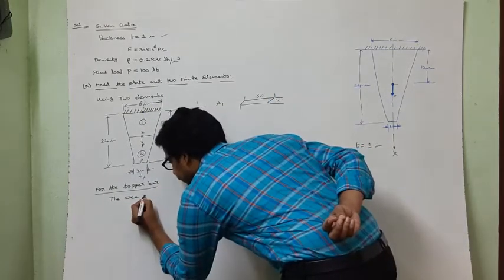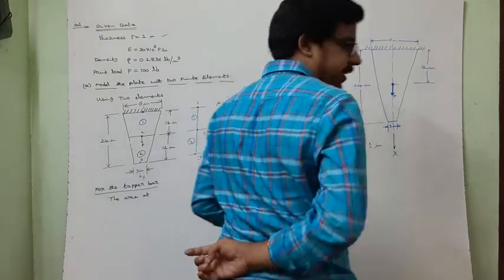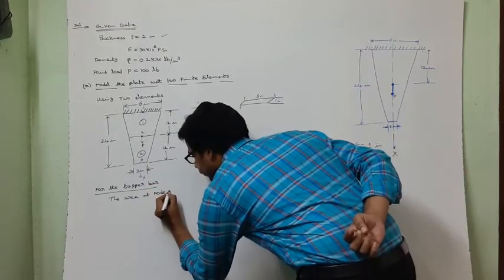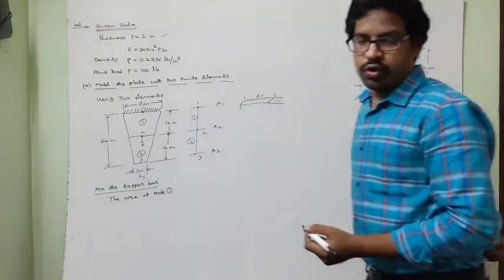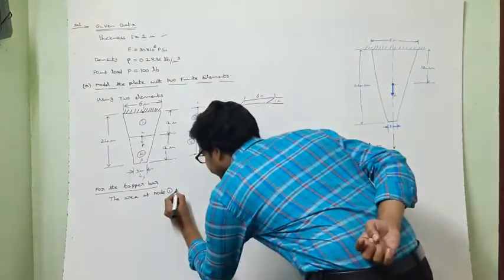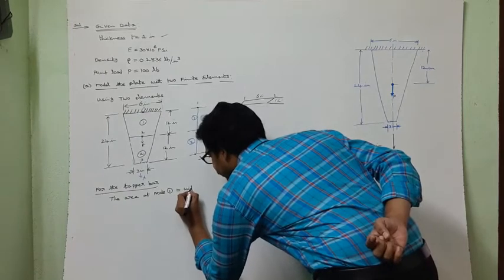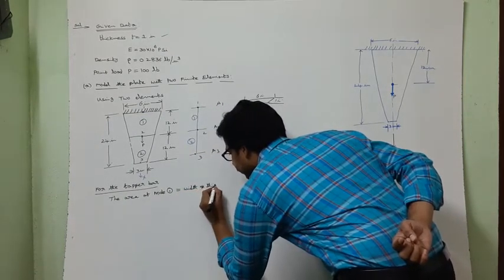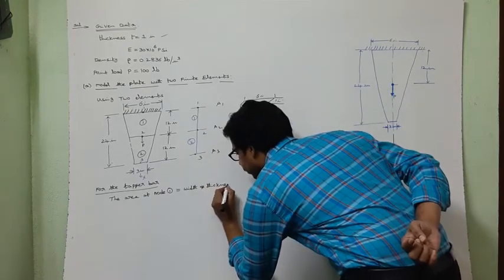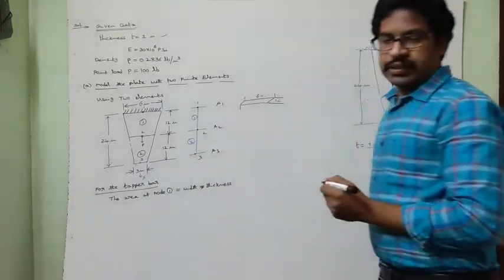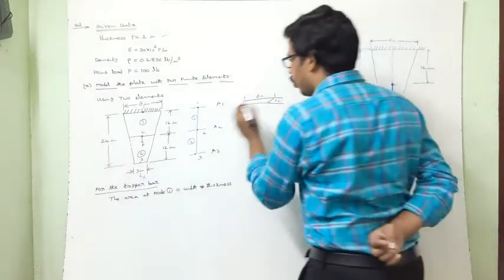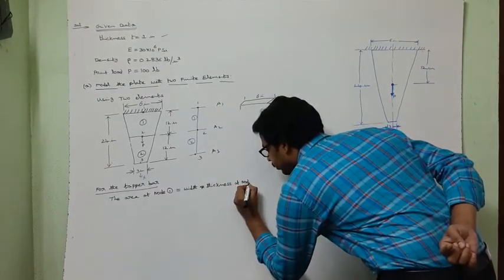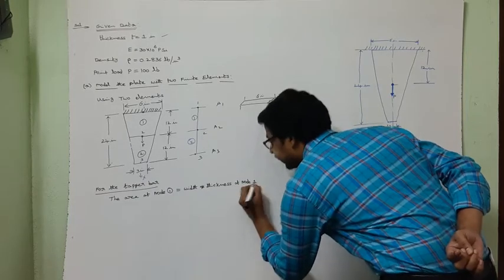the area at node 1 is equal to width into thickness at node 1.